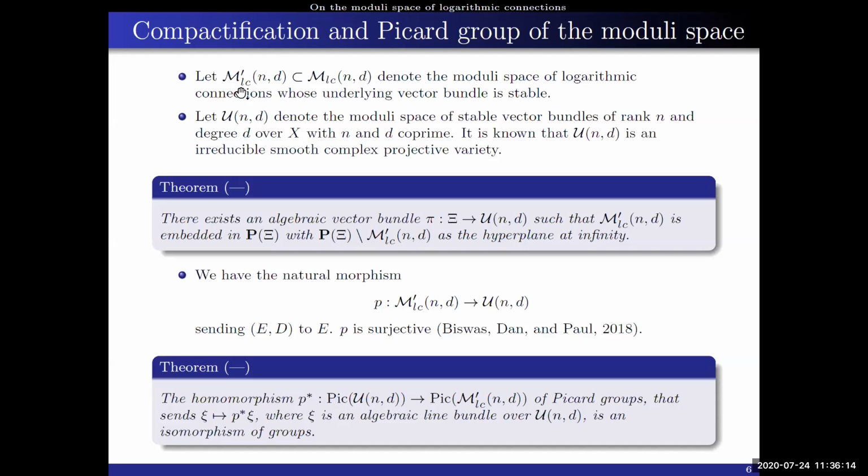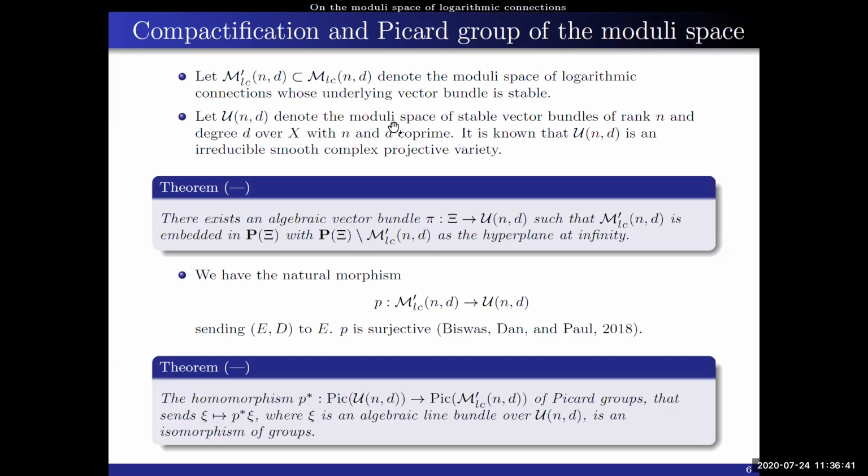So first of all, let M_LC'(n,d) be the subset of M_LC(n,d) denoting the moduli space of logarithmic connections whose underlying vector bundle is stable. The vector bundle need not be stable in general, so I'm taking a further small subset where the underlying vector bundle is stable.